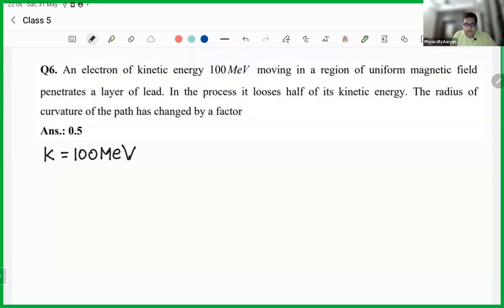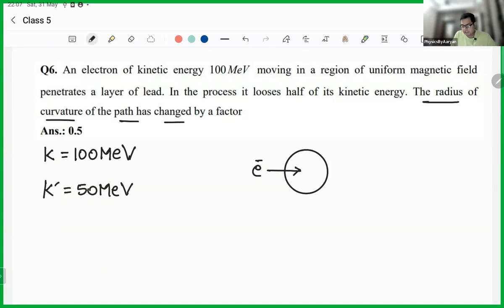It penetrates a layer of lead, and in this process the electron loses half of its kinetic energy. So the new kinetic energy is 50 mega electron volt. The radius of curvature of the path has changed by what factor? Basically, how much has your radius changed? That is what you have to answer.